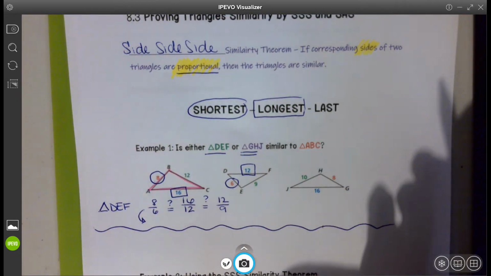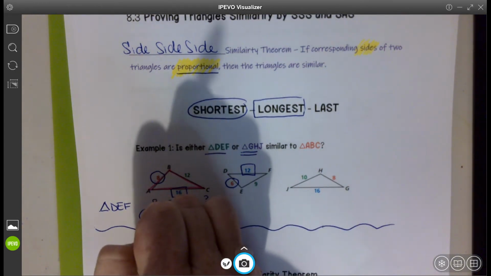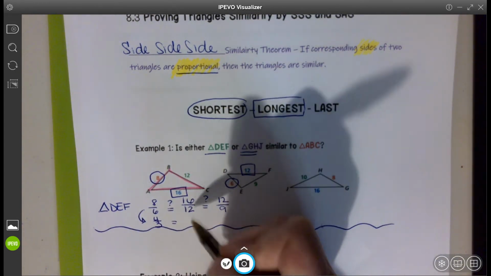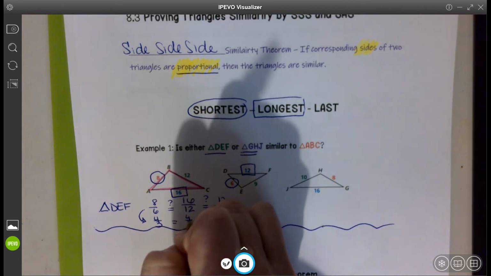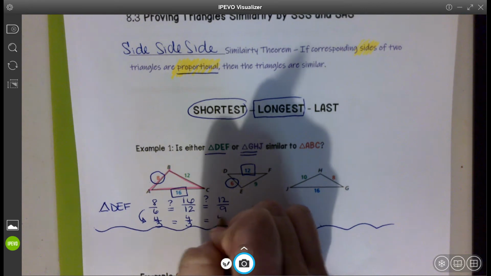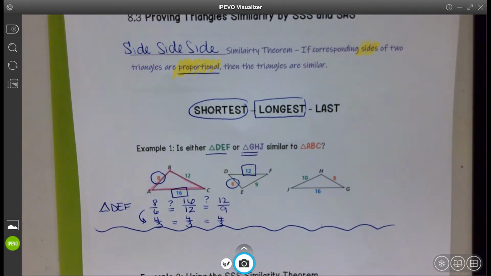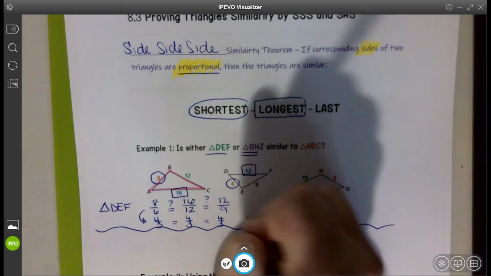So when I simplify these fractions, they can reduce down to 4 over 3. 16 over 12 is again 4 over 3. And 12 over 9 is 4 over 3. Since it's the same number every time, that means that they are all proportional for each side.